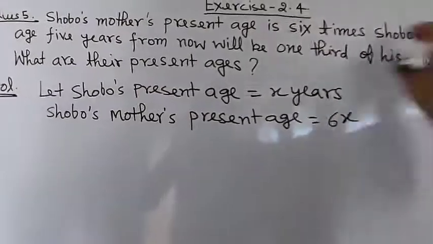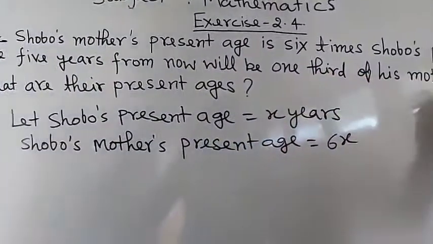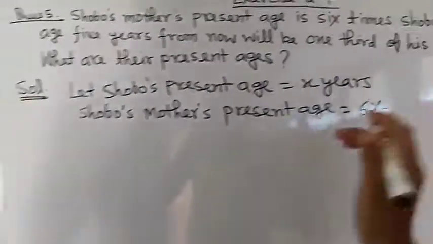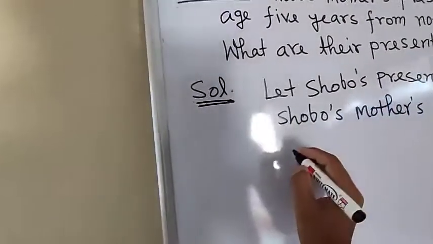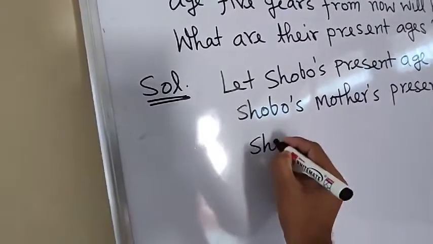Now it is given that suppose age 5 years from now will be 1/3 of his mother's present age. So here you will write suppose age 5 years from now.